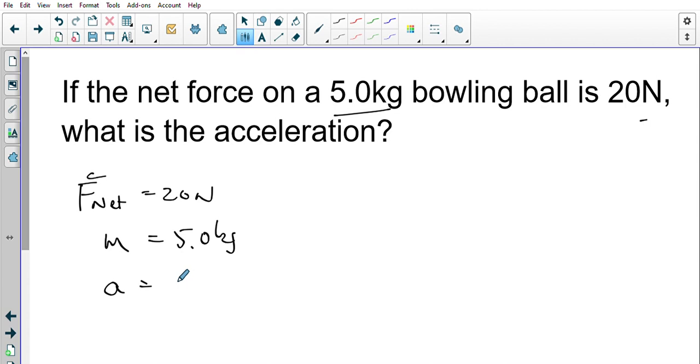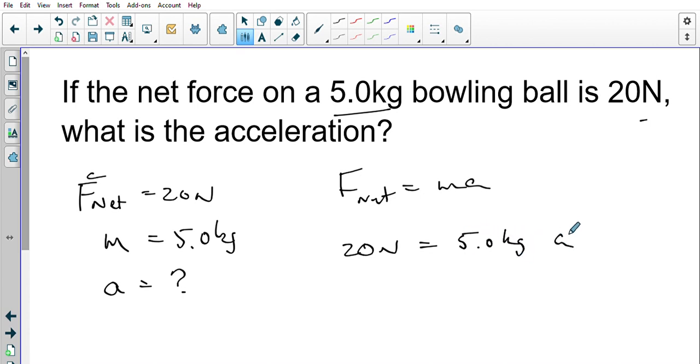They're asking for an acceleration. F net is equal to ma. Our net force is equal to 20 newtons. Our mass is equal to 5.0 kilograms. What's a equal to? Well, a will be equal to 20 divided by 5, and that's going to be equal to 4 meters per second squared.